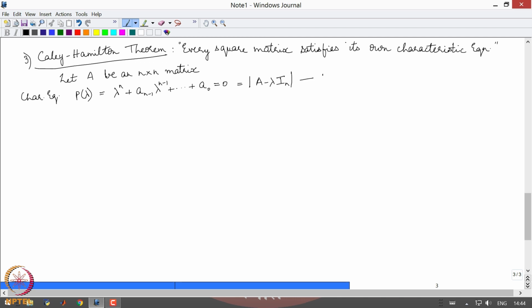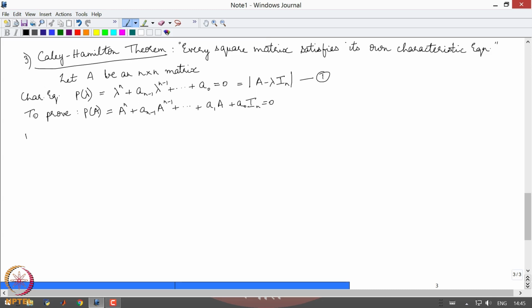Okay. So, I will just put this as equation 1. Now, what we need to prove is that P of A, which is A power n plus a n minus 1 A power n minus 1 plus so on, a 1 A plus a naught I n, is equal to 0. So, this is what the Cayley-Hamilton theorem says, and we will prove this.